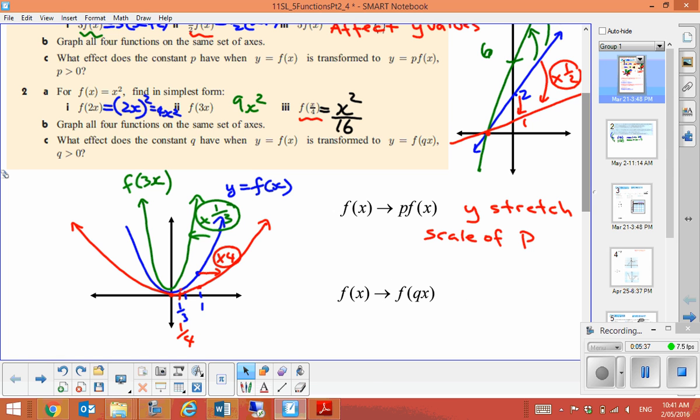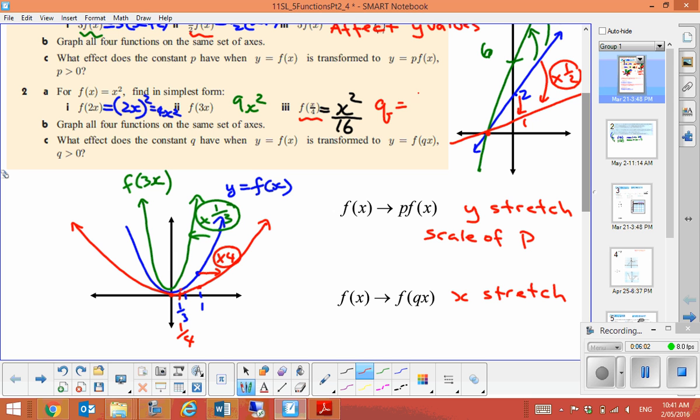Whereas in this case, we're getting a stretch in the x direction. If it's times 4, our x values are, if it's a quarter, so in this case, the red one here, our q value is a quarter, but we find that the graph itself has been stretched outwards times 4.